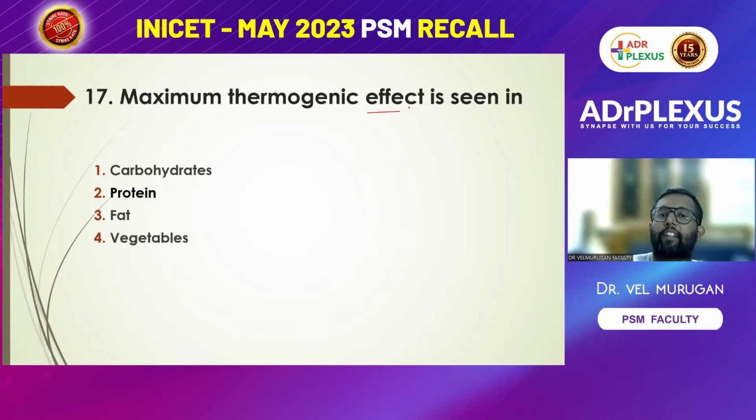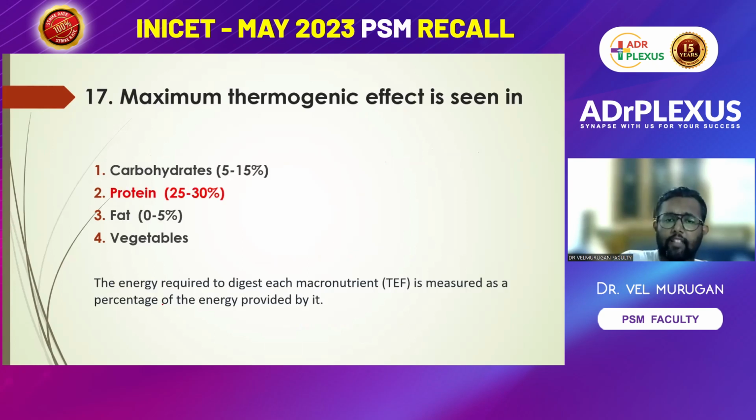Maximum thermogenic effect is seen in. See, what is thermogenic effect? It is nothing but the energy required to digest each macronutrient. It is measured as a percentage of energy provided by it. For protein, we need 25 to 30% of the energy provided by it.